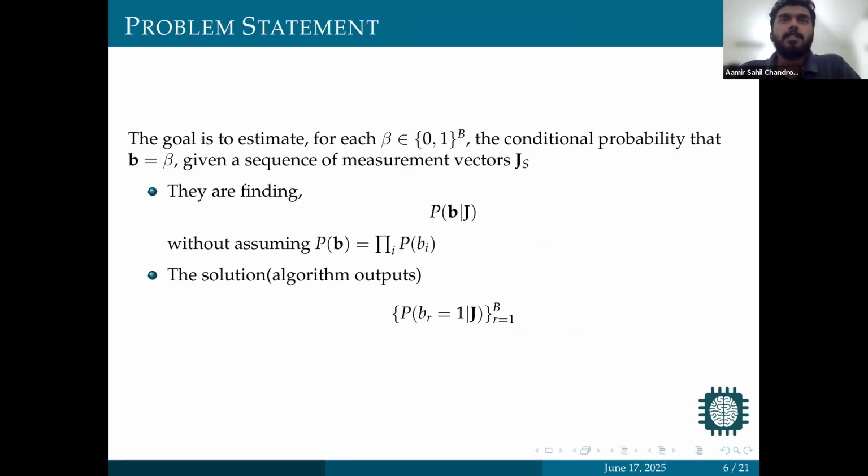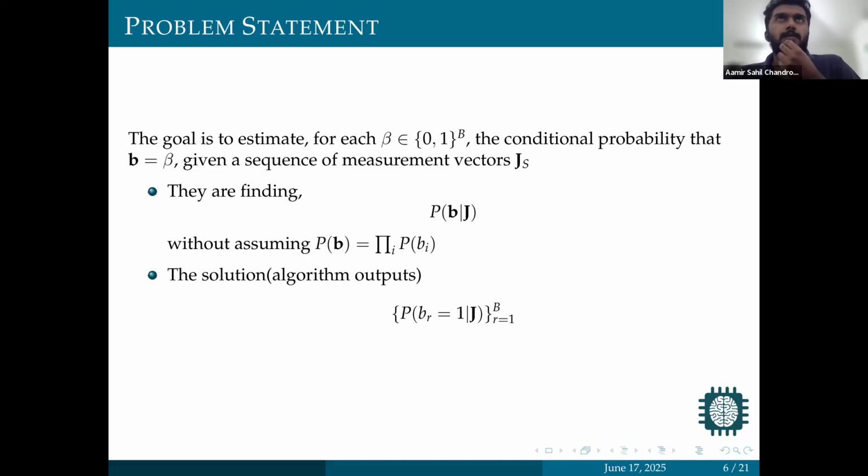So the problem statement essentially boils down to finding the probability of a particular map given a series of measurements. One argument they made in the paper is that the previous work had all assumed the map cells to be independent, so the probability of b would be the product over the bi.